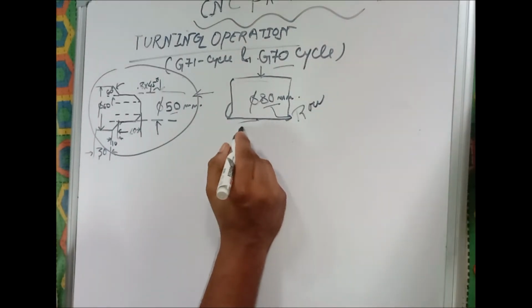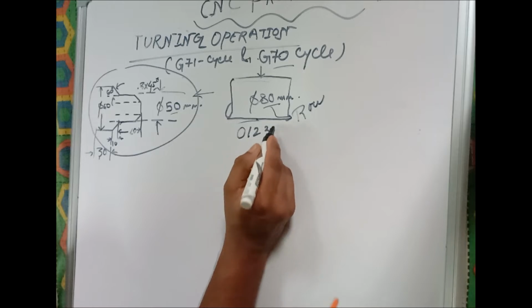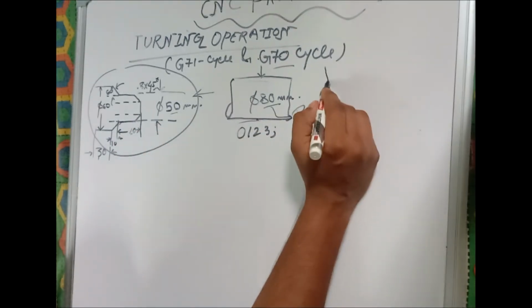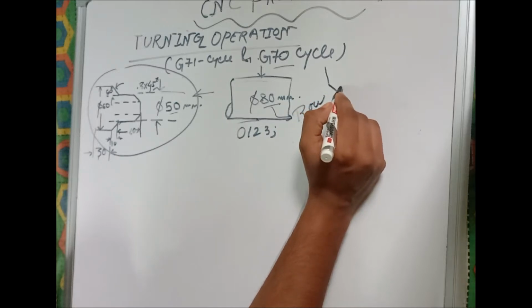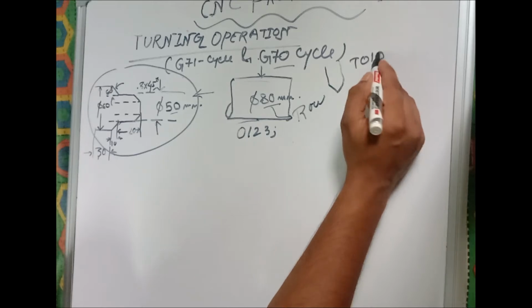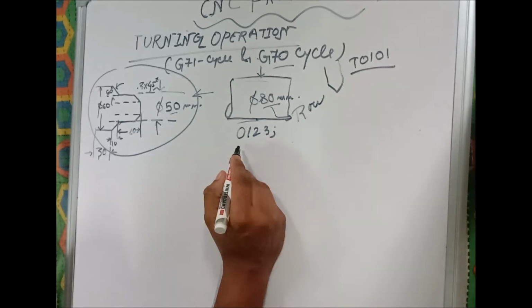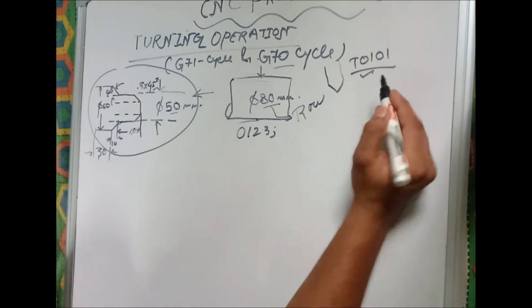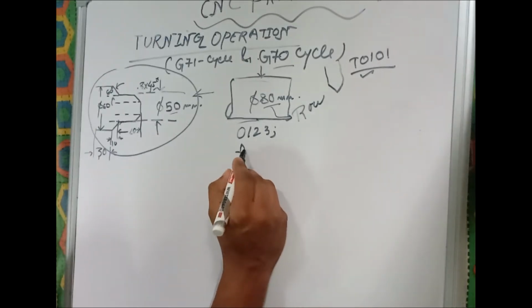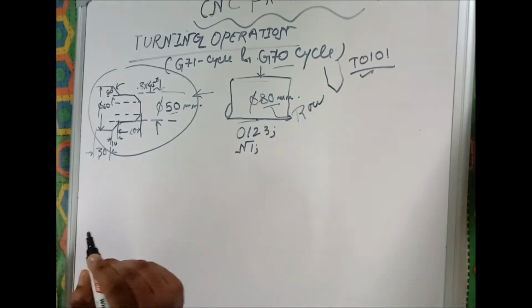The program number is 123, end of block. Suppose we will cut it with an OD holder, tool number 1, and we will use offset 01. Before this we have to give the sequence number. It is very important to start any program with N1, the sequence number.